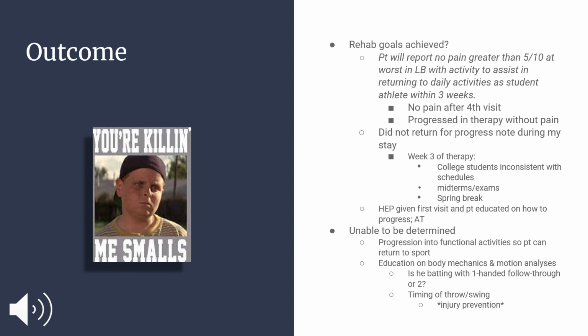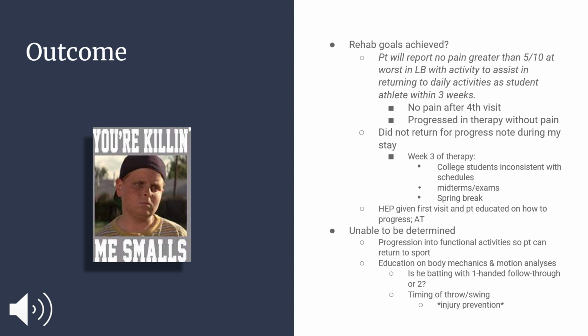And he continued to progress in therapy without pain, so it was more so just challenging him safely each time without worrying so much about managing pain. So like I said, I didn't have a chance to write a progress note on him. One, because my internship ended prior to him having to have a progress note written about him, but also because about his 3rd week of therapy, he kind of started to cancel some sessions because he got busy with midterms and exams.